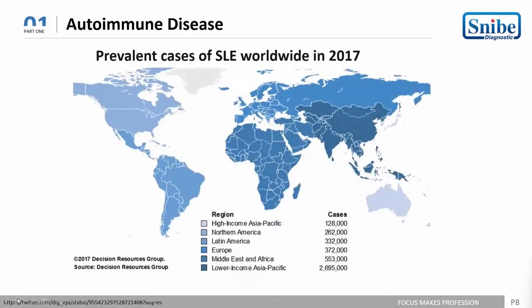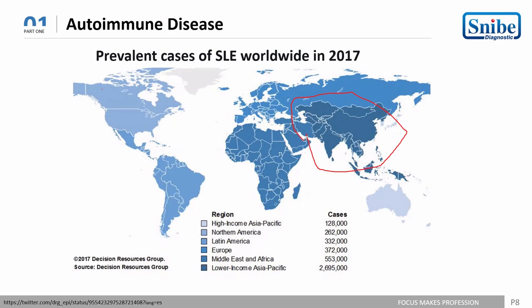If we talk about the global distribution of autoimmune disease, especially SLE, you can see here it's more common in Asian countries like China, India, Pakistan, Afghanistan, and this region has a higher prevalence, like Thailand, Malaysia.